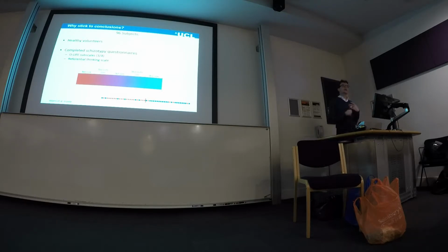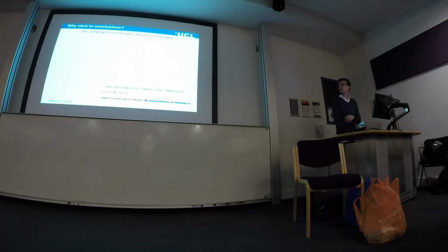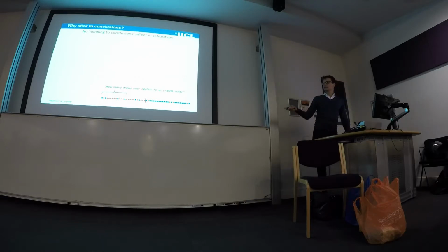So these could be feelings of paranoia, these could be feelings that, superstitions or beliefs in things like telepathy or feeling controlled by external forces, but vague things like that, nothing outright hallucinatory or psychotic.